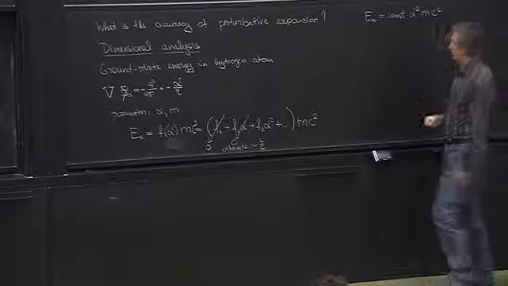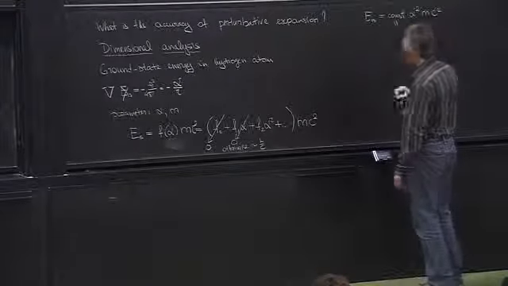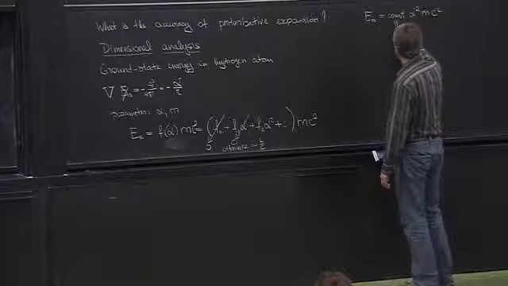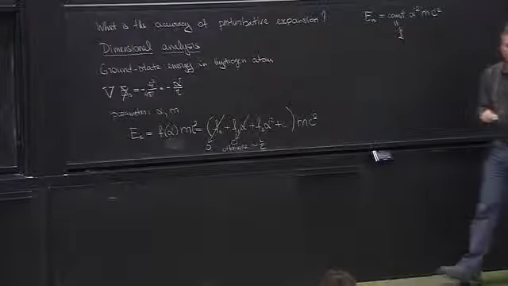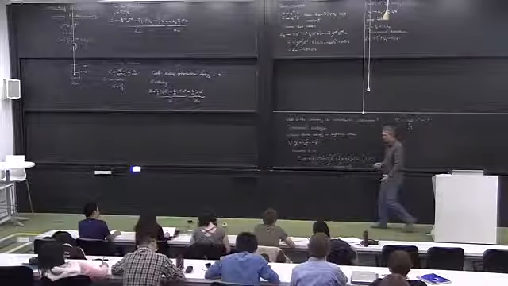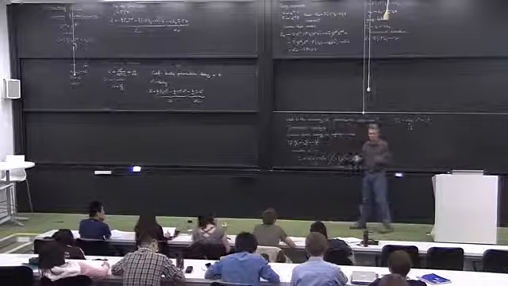And well, if you want to know the constant, you have to look it up somewhere. And it turns out to be equal to 1/2. So up to this constant, we can reconstruct the answer by a very simple line of argument.